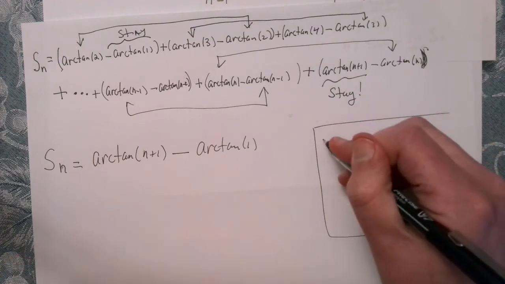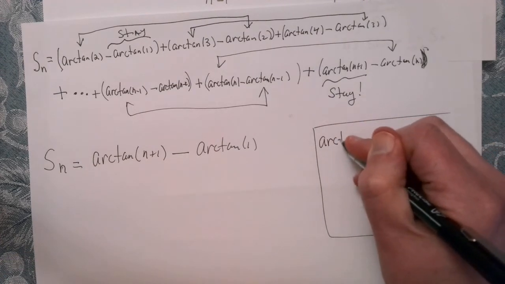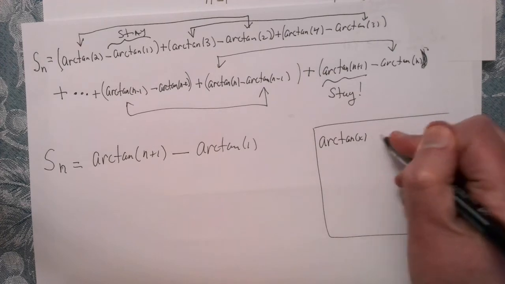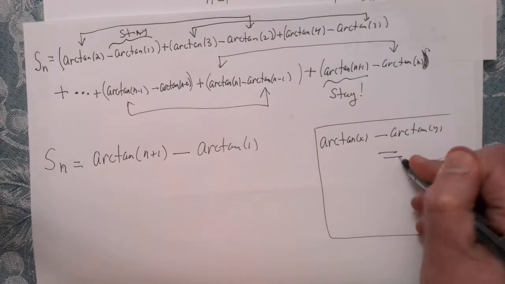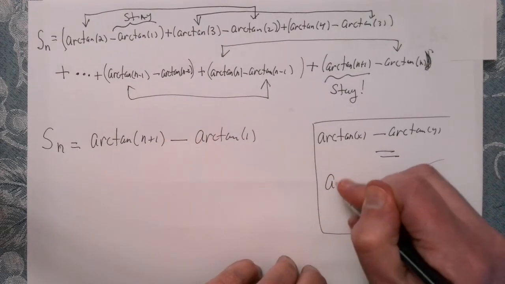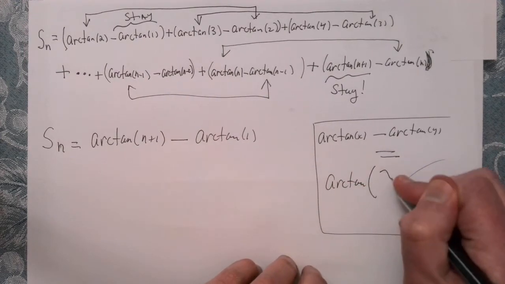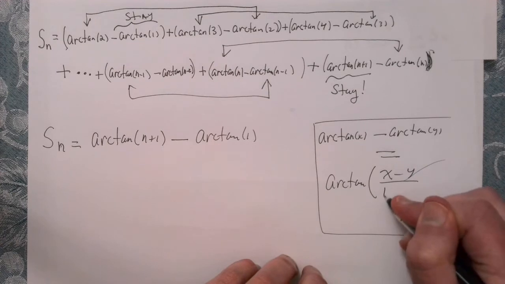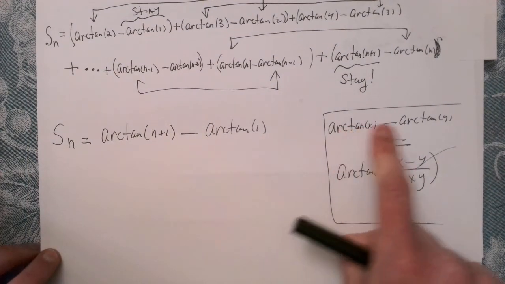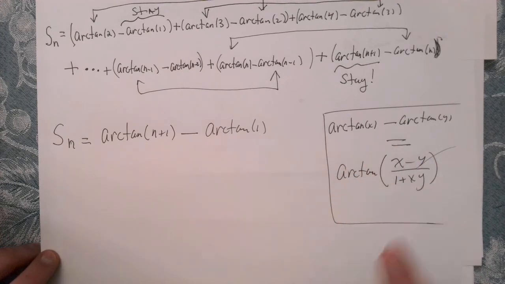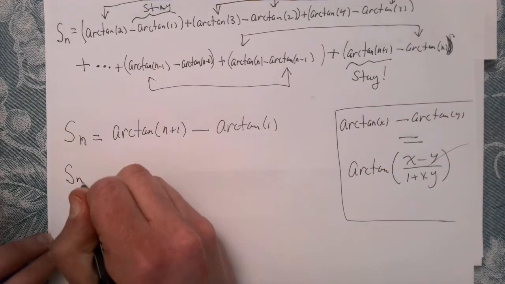So we know that the arctan of x minus the arctan of y is equal to the arctan of x minus y over 1 plus x times y. Okay, let's use that. We have this. Let's write it as this.